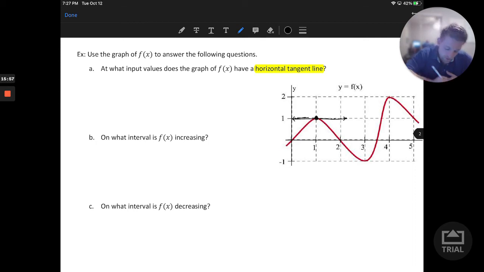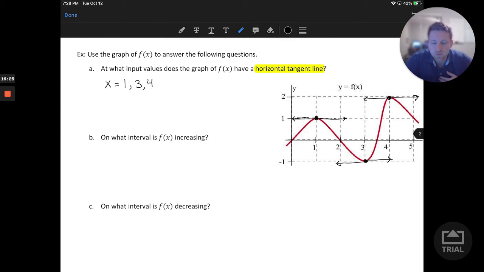We'll have a similar horizontal tangent at x equals 3, and then another one here at 4. So each of those places will have horizontal tangents: x equals 1, x equals 3, and 4.